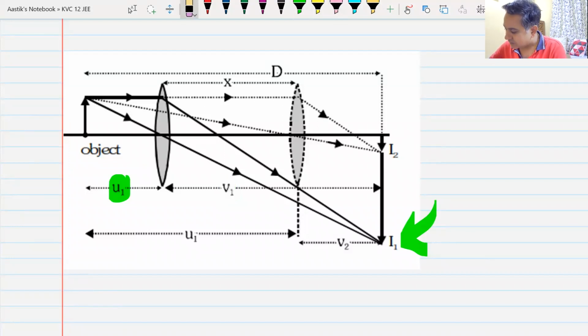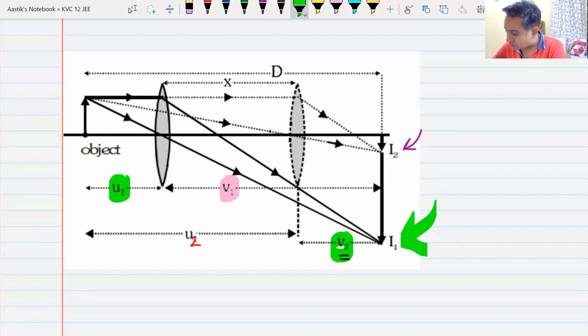Let me color it with a different color so that you understand something. Then the second position is U2, and we have image formed at V2. This is the image that you see, I2. Now there is a very good relation between U1, V1, U2, V2, and I'm going to color it.